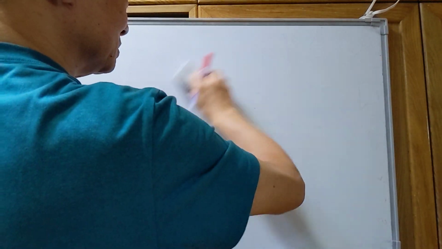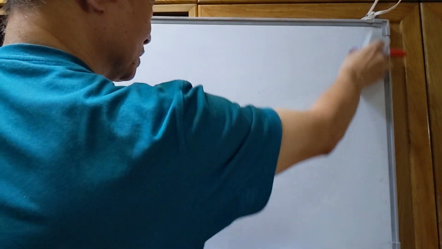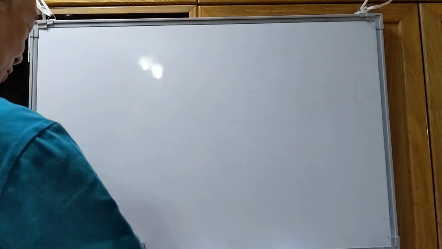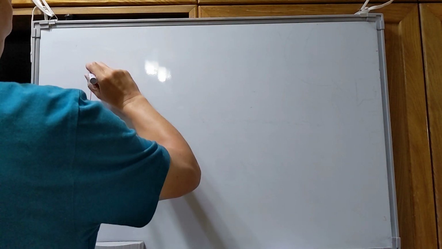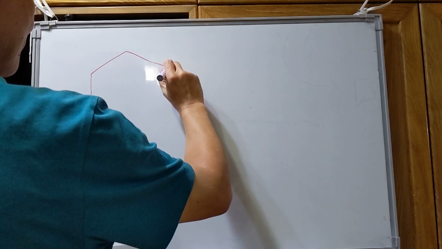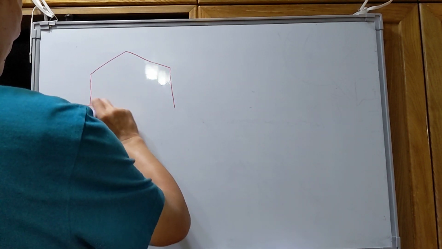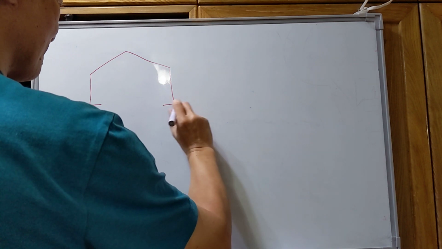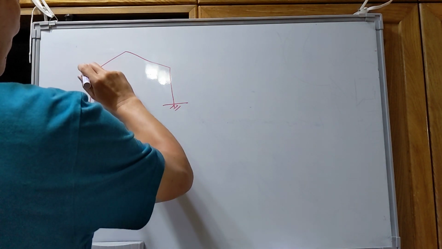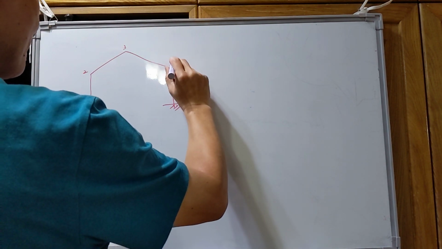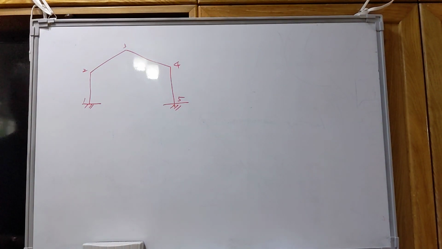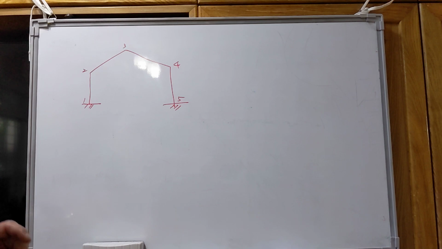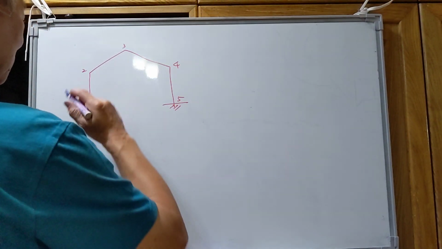But sometimes it is not only the beam. For example, if we have a cable structure like this one, there are 5 joints, and we need to use 4 elements.